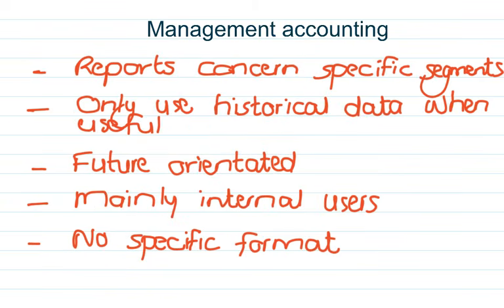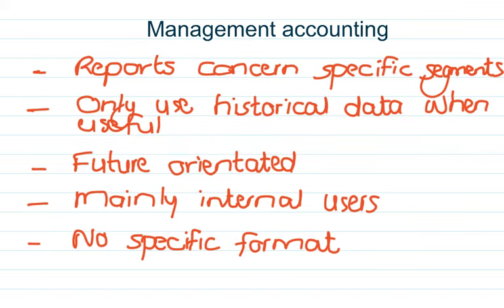Now, management accounting, this is now this semester. It's new to you, but what are the differences? While financial accounting dealt with the whole business, in management accounting, you will have reports concerning specific segments or departments. They only use historical data when it's useful. So they don't always use historical data, only when that data appears to be useful.